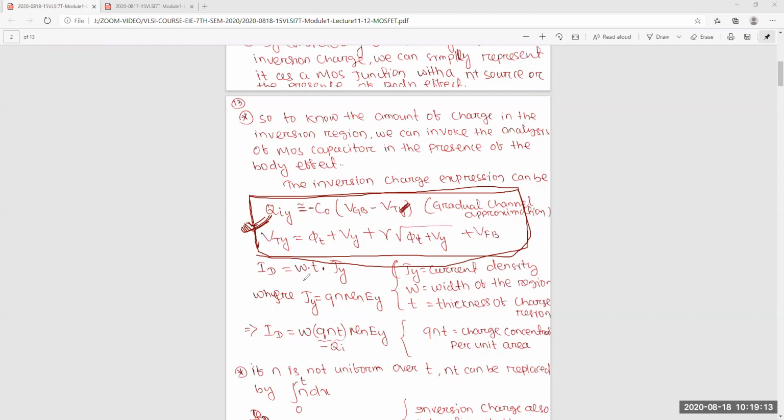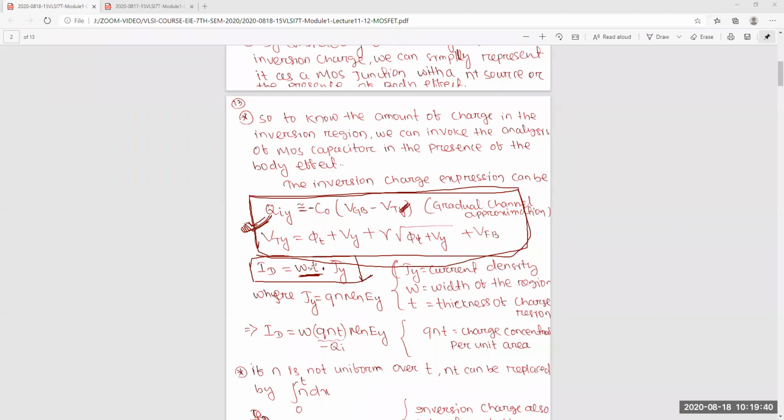Now the next thing: what is ID? ID is equal to W into T, that area, into Jy. ID is the same in that small region, because in the continuity equation we said ID is constant everywhere, whether channel or small region. So this part is your continuity equation.